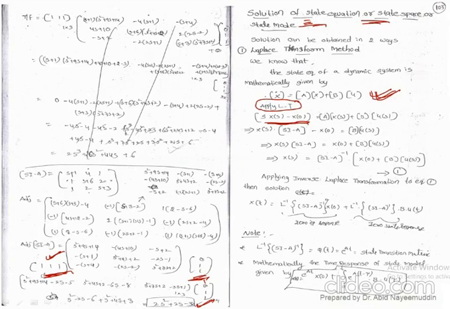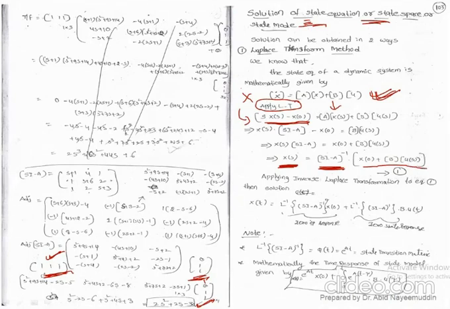Applying Laplace transformation, x dot gives s into x of s minus x of 0, and the rest of the terms remain the same. Now I extract the x of s formula. Then x of s is equal to (sI minus A) whole inverse into x of 0 plus B into U of s, which we derived in the previous case.